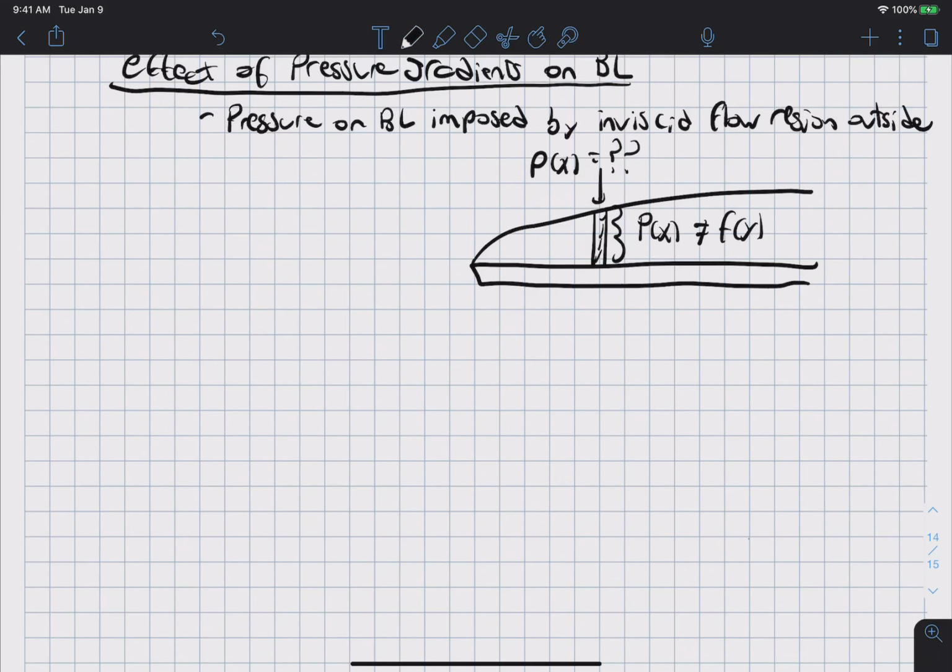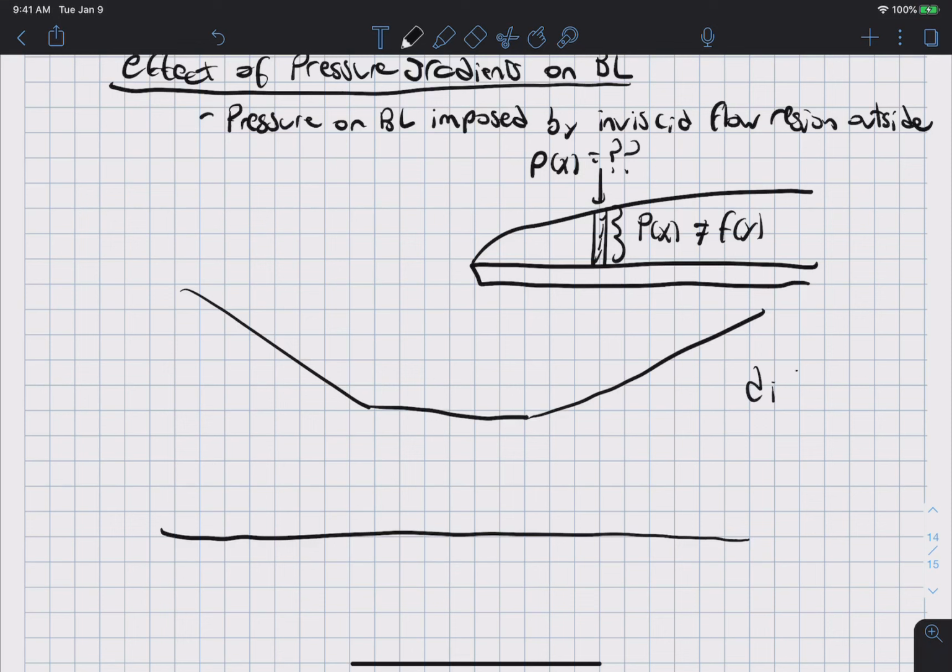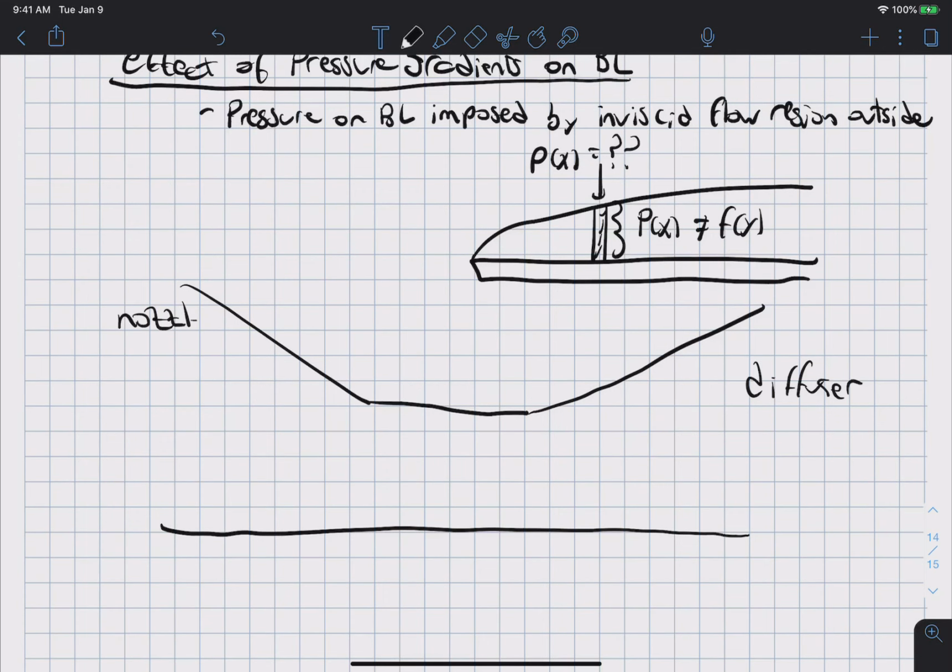Okay, so say I have a nozzle assembly, or a nozzle diffuser assembly, where the nozzle portion, or the portion that accelerates the flow, looks like this. There's a flat section, and there's a diffuser. And just recall from thermo, and even earlier in this class, that a diffuser decelerates the flow, and a nozzle accelerates the flow.